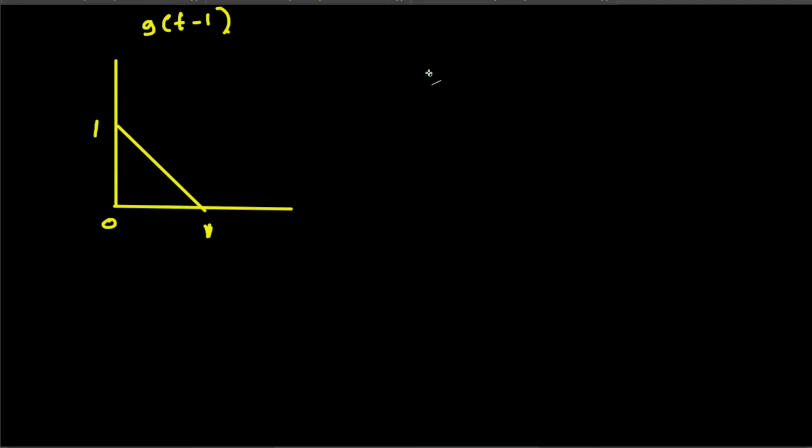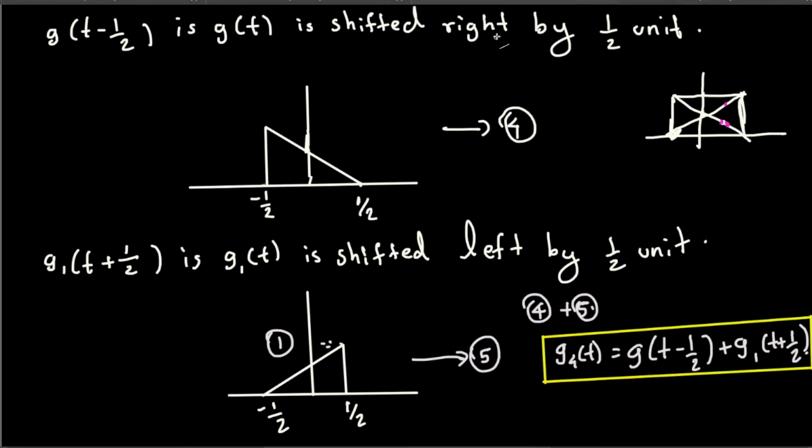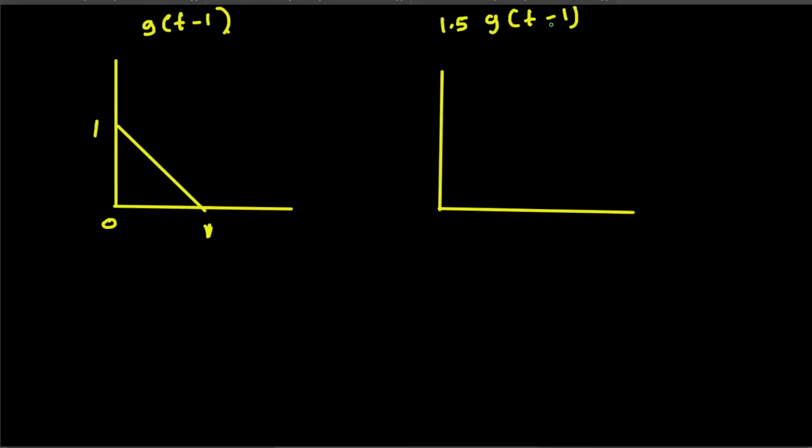So if I do that, the new height of the function is going to be 1.5. This is basically 1.5 g of t minus 1. For that one, the height is going to be 1.5, and it's still going to go up to 1.